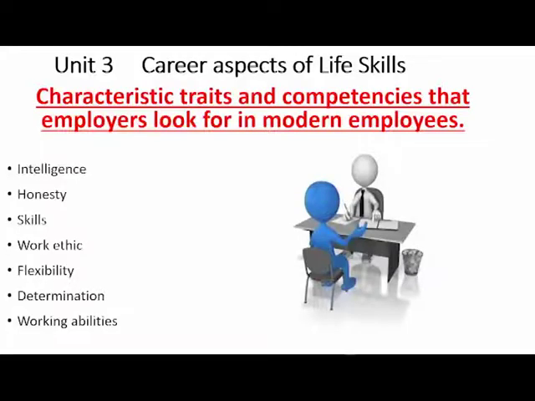We move on to Unit 3, where we are going to look at the characteristics and competencies that employers look for in modern employees. So when an employer looks at a person that they will possibly employ, they would like to have that person show a certain level of intelligence.